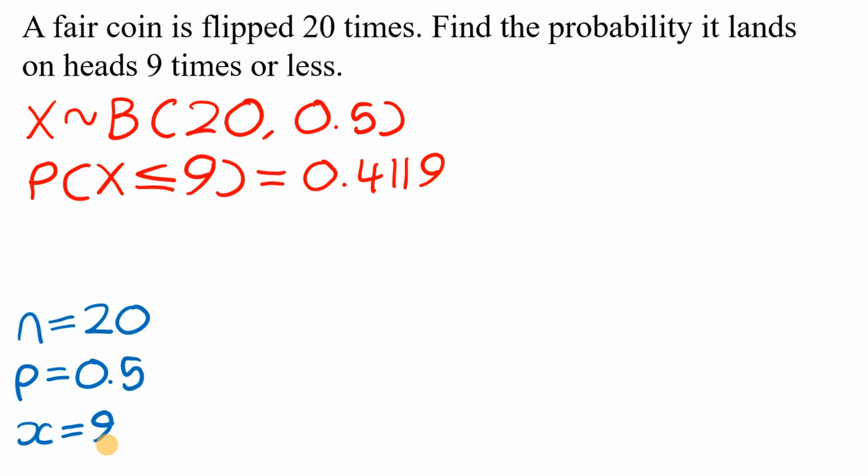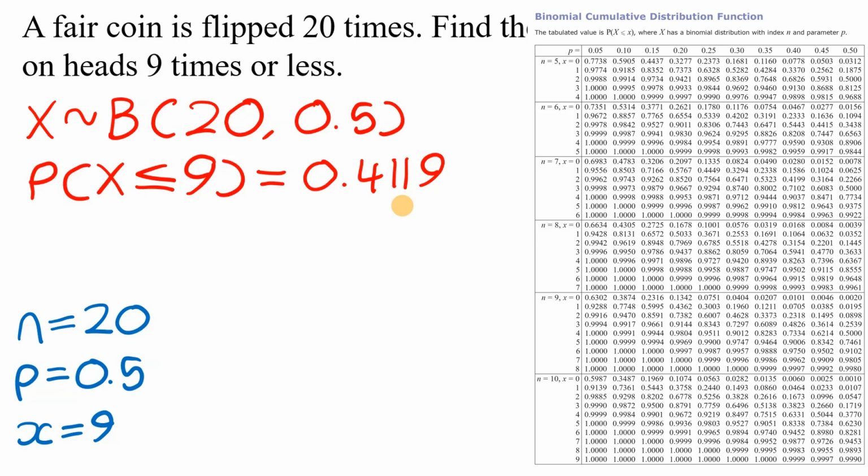I just want to make one note quickly. We have talked about how we can find the probability that x is less than or equal to 9 using our calculator. We found this value here. There is another way that you can find this value. In the formula booklet on page 29, it has something called the binomial cumulative distribution function, and it has this massive table that goes over multiple pages.